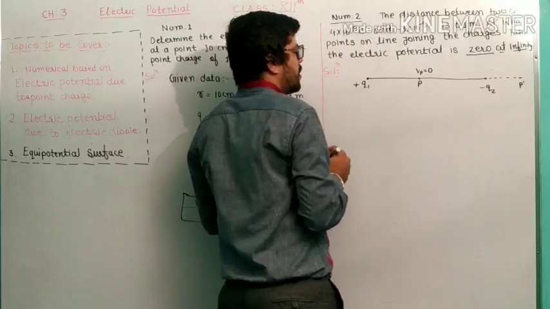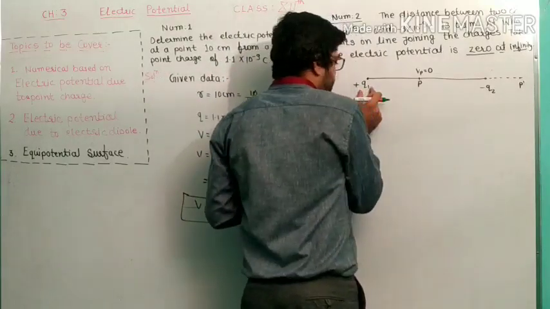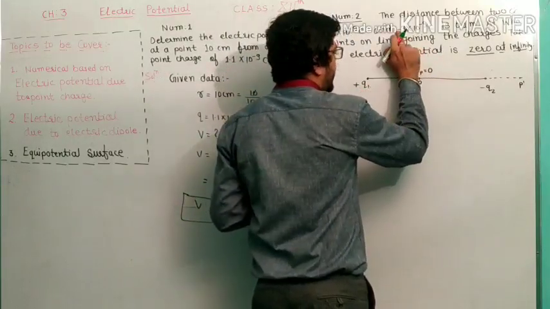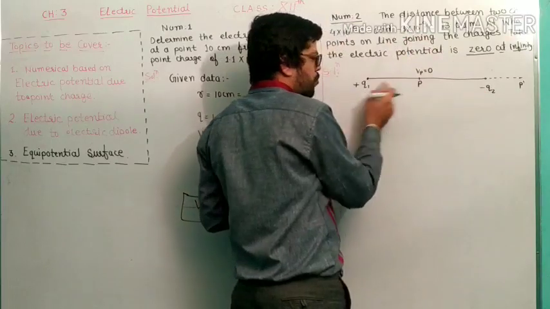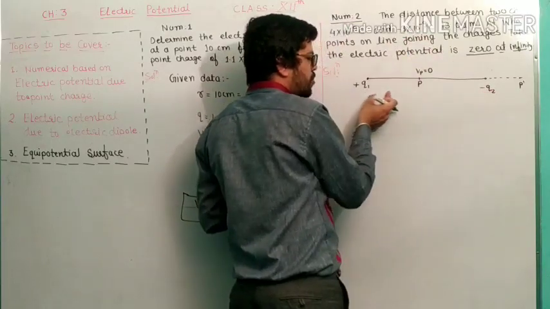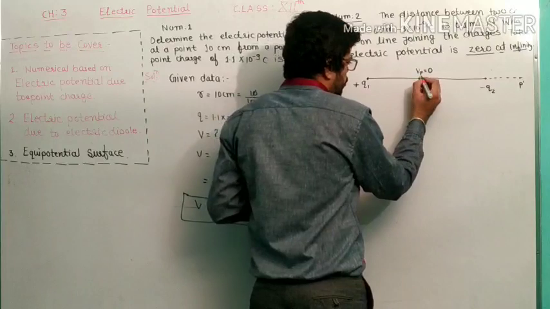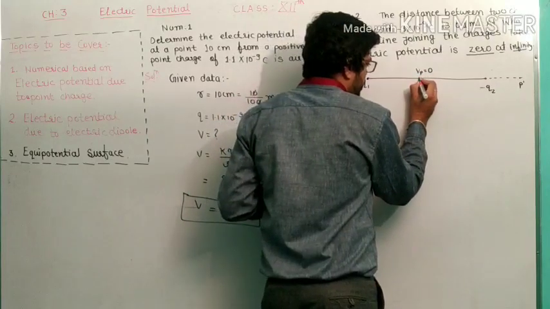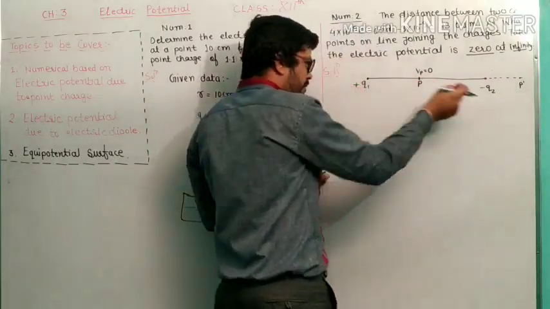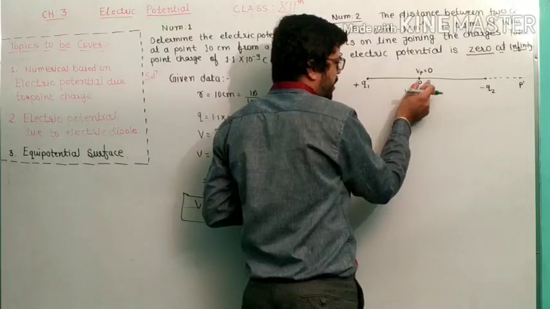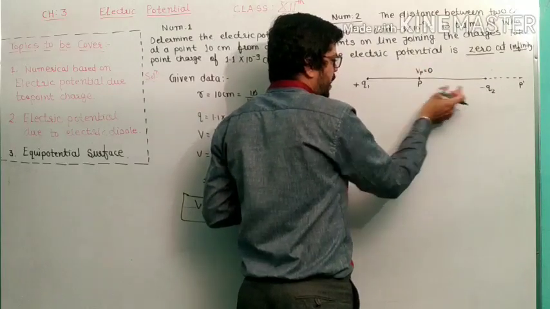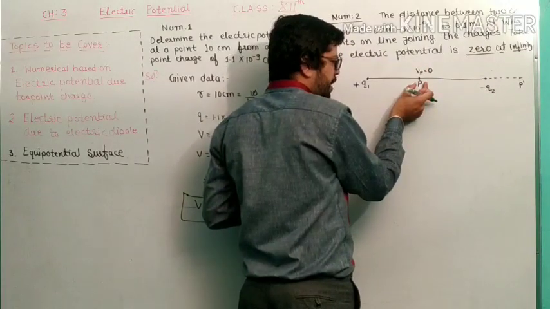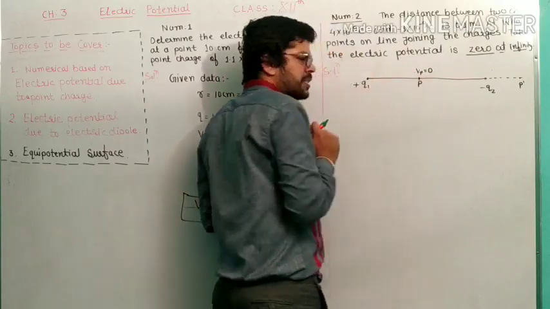But in our question one charge is positive and the other is negative, like a proton and an electron, so the electron is attracted towards the proton. So according to the given condition, when the charge is at point P, brought from infinity, the electric potential is 0.